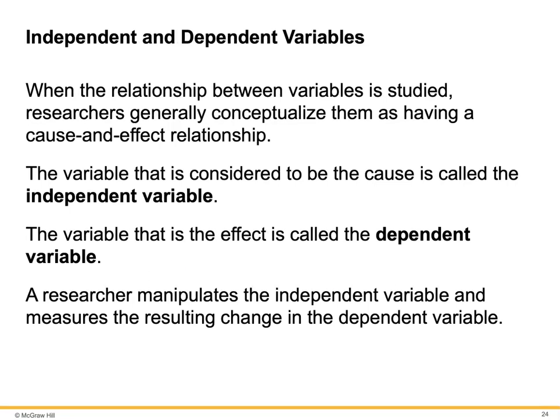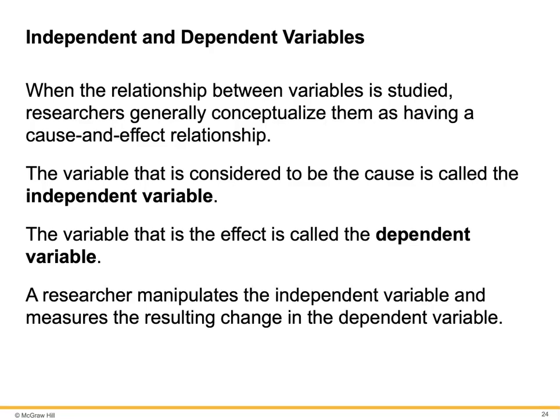So when the relationship between variables is studied, researchers generally conceptualize them as having a cause and effect relationship. And so researchers use the terms independent variable and dependent variable when referring to the variables being studied. In an experiment, the manipulated variable is the independent variable. After manipulating the independent variable, the researchers measure a second variable called the dependent variable.